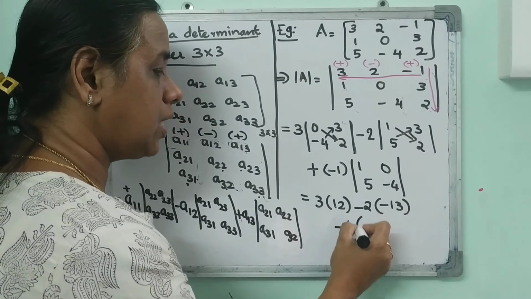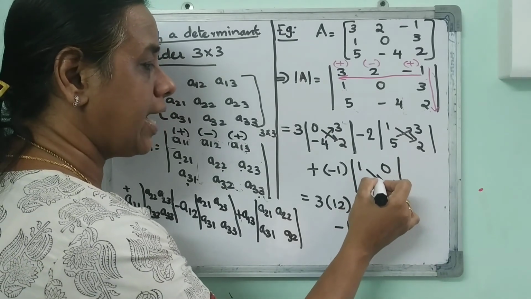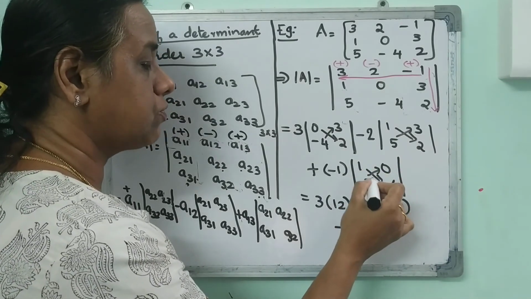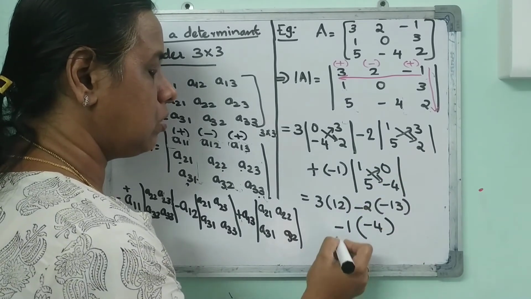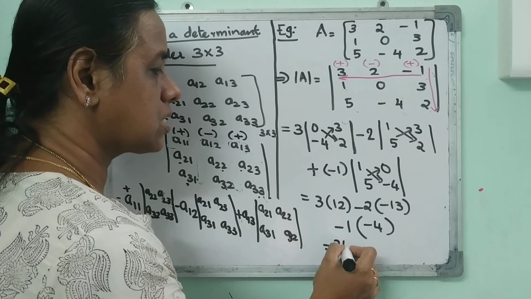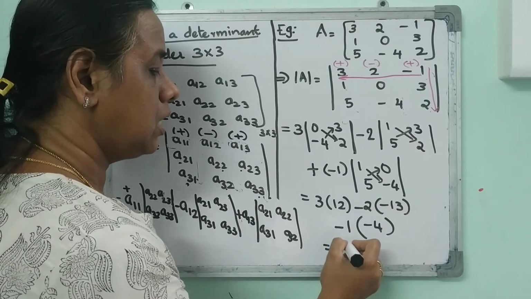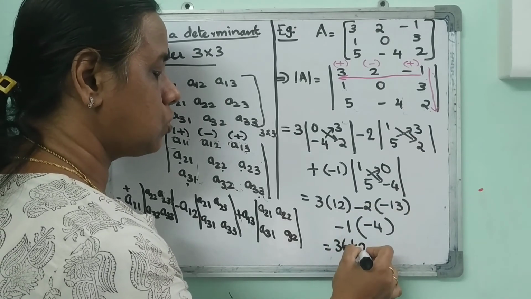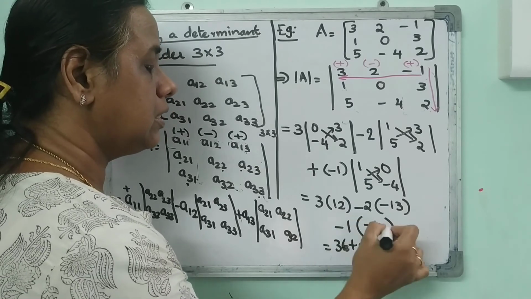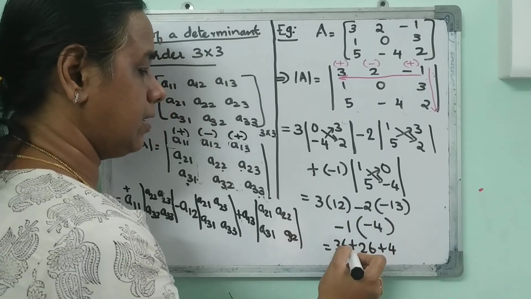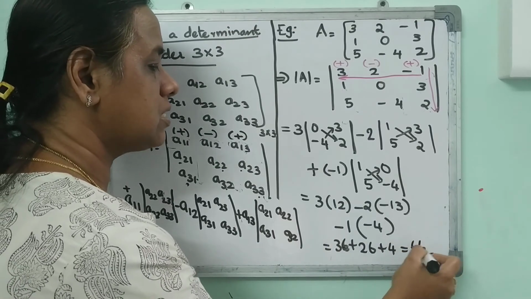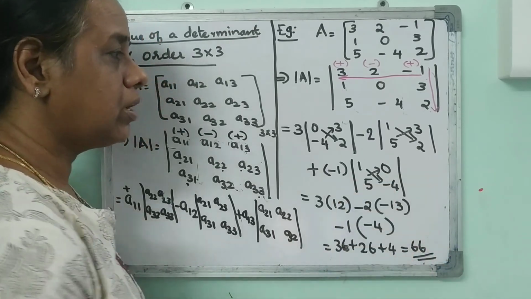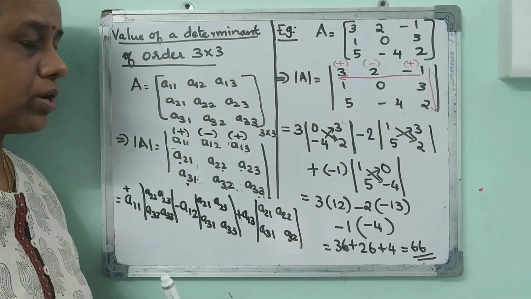So minus 1 into downward arrow minus upward arrow: minus 4 minus 0, so that will be minus 4. Now do the calculation: 36, then plus 26, then plus 4. So 30 plus 36, your value will be 66. That is how you evaluate a determinant of order 3.